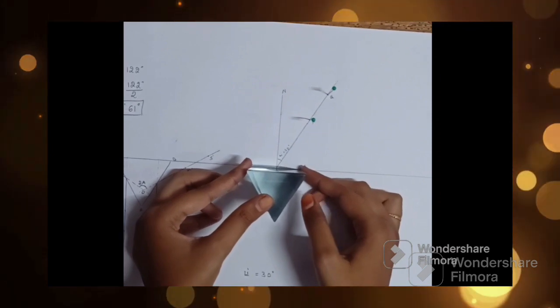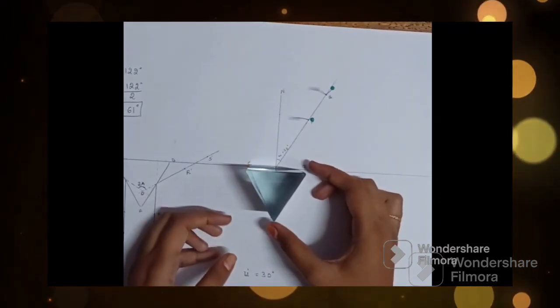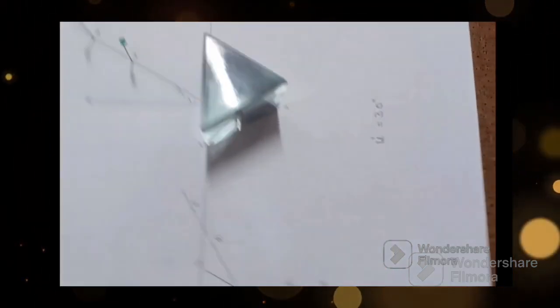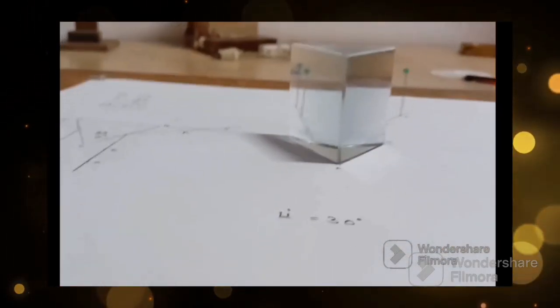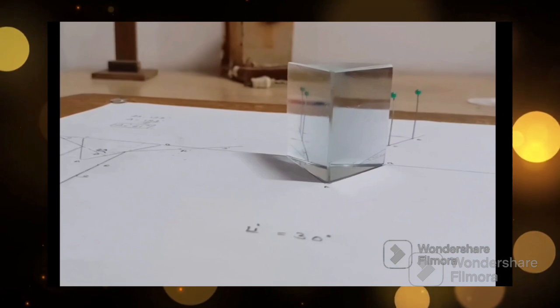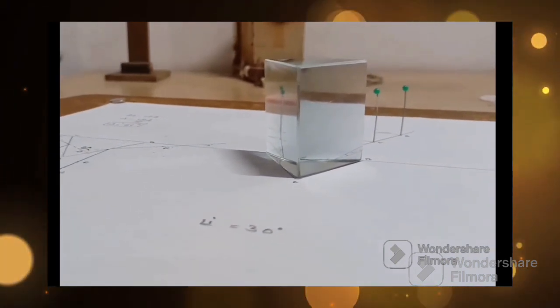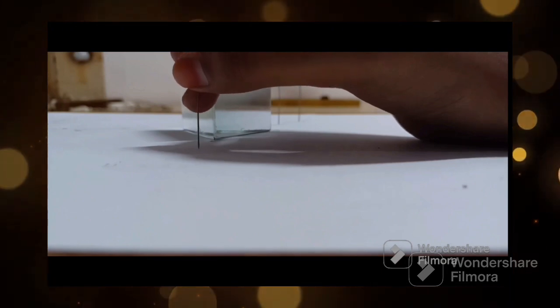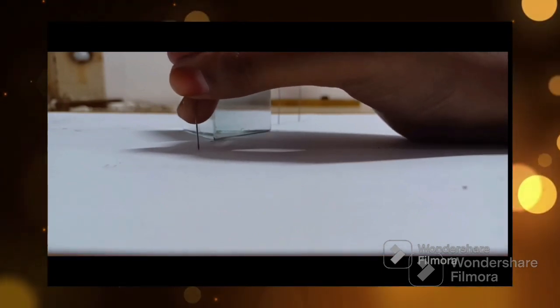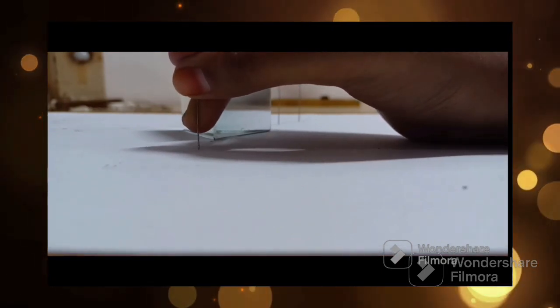We have to place the prism. And now we can see the refracted ray right here. We can clearly see the pins that are in a straight line.